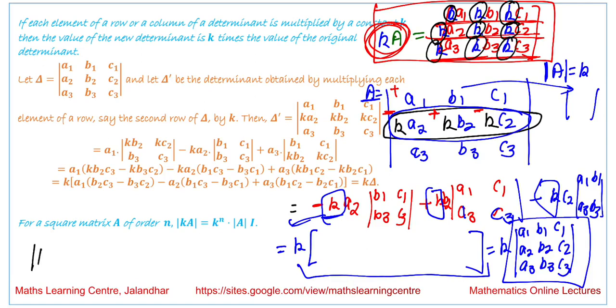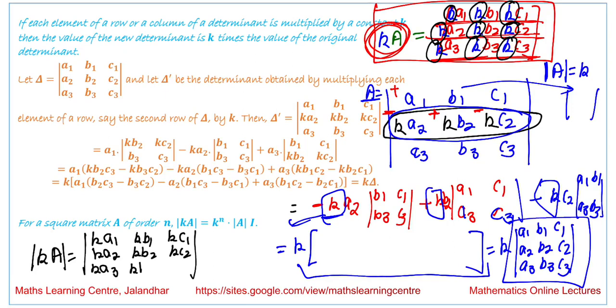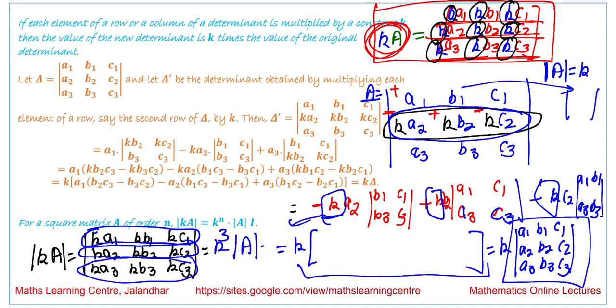So the determinant of KA is the determinant of KA1, KB1, KC1, KA2, KB2, KC2, KA3, KB3, KC3. Taking K common from each of the three rows, we have K raised to the power 3, and we are left with the determinant of A.